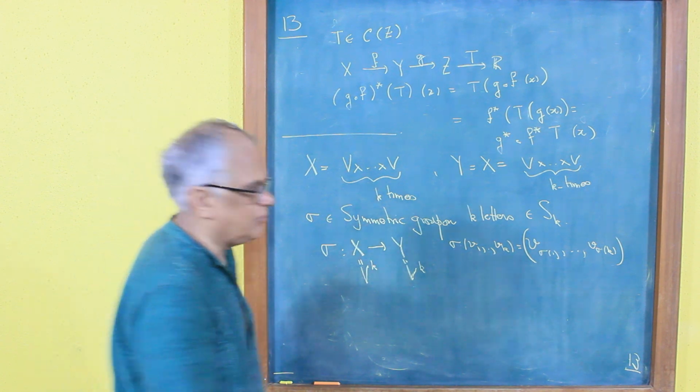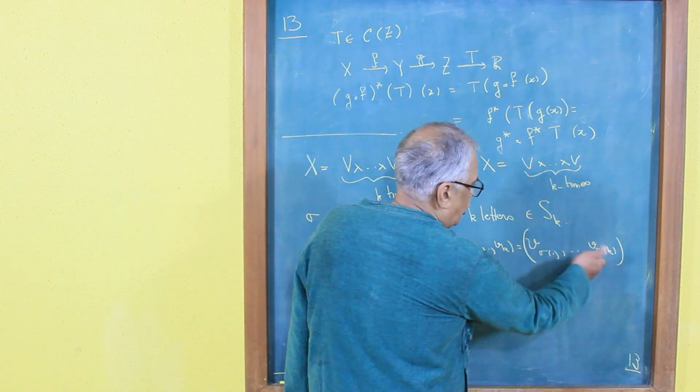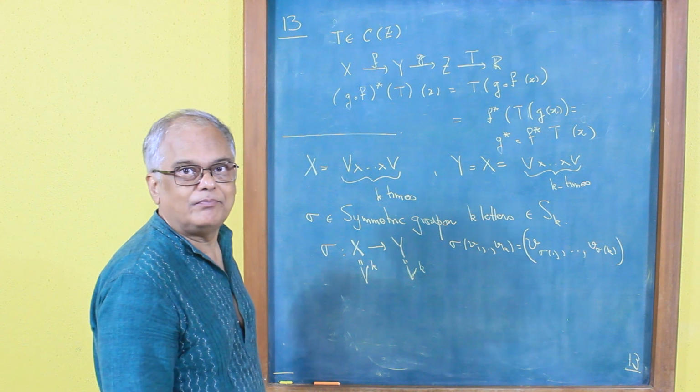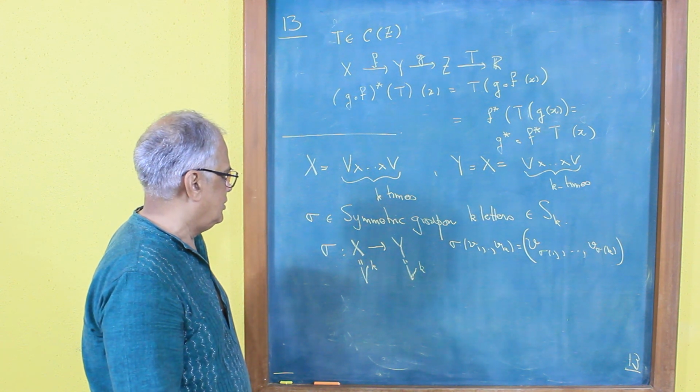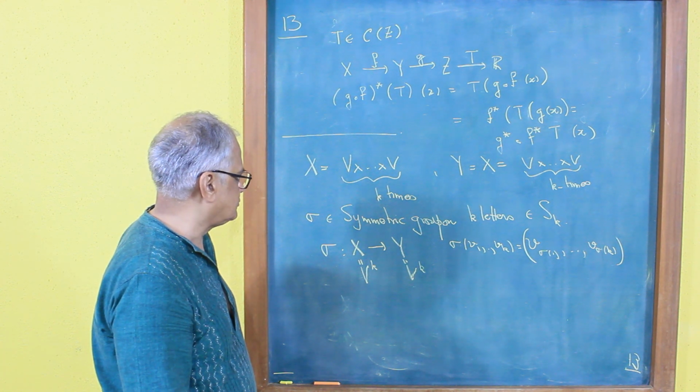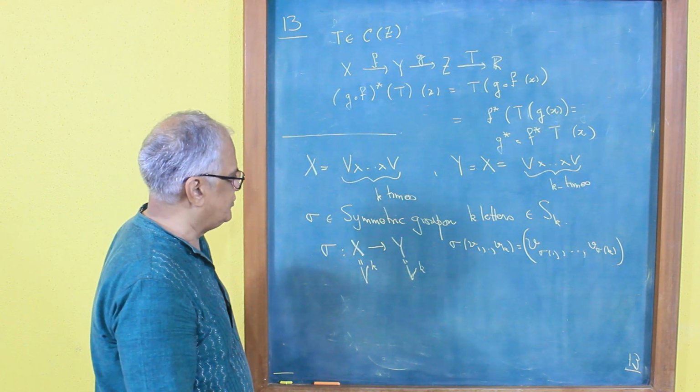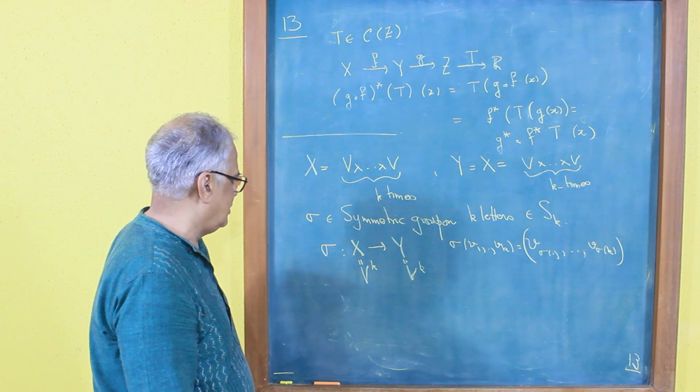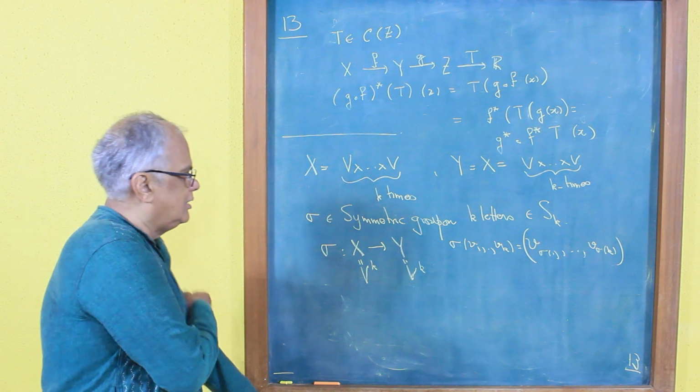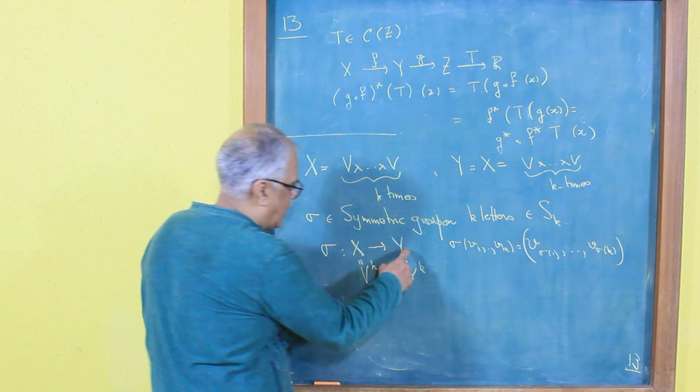(v_sigma(1), ..., v_sigma(k)). What is happening is that I'm permuting the order by sigma. Okay? So then obviously I could take a function, take t in L_k of this y.